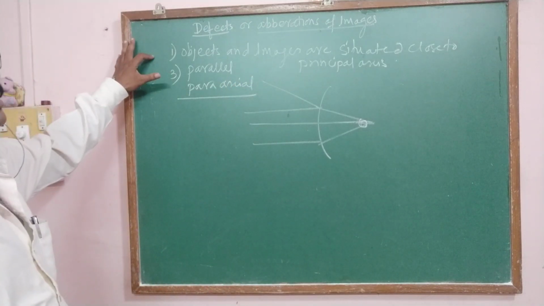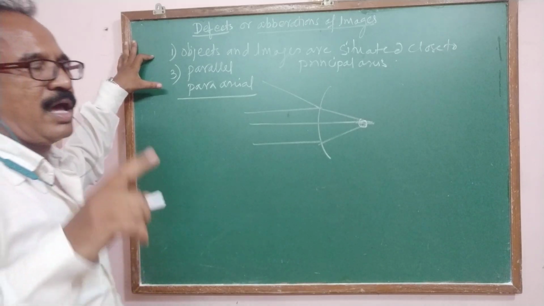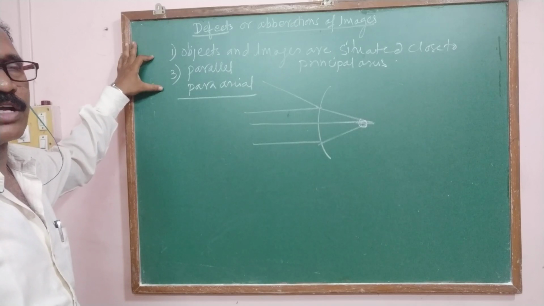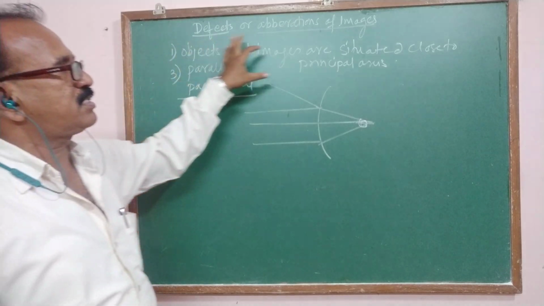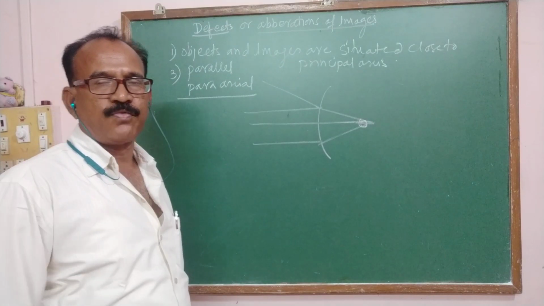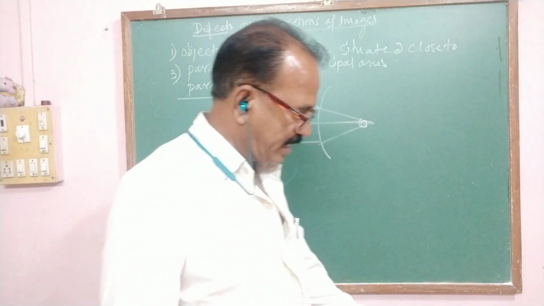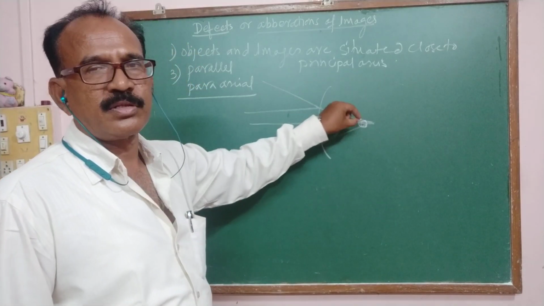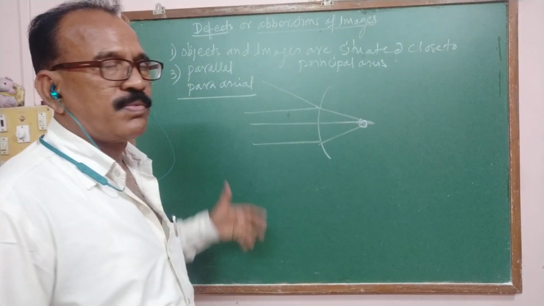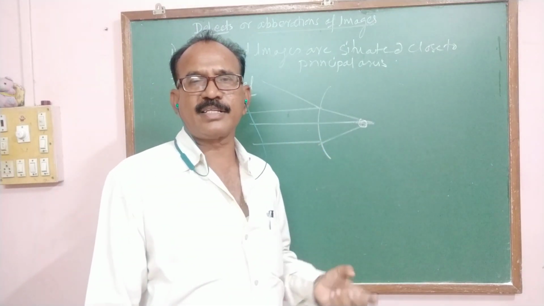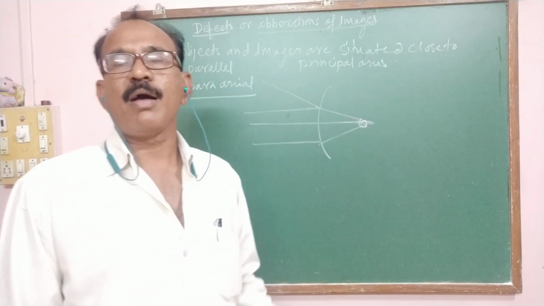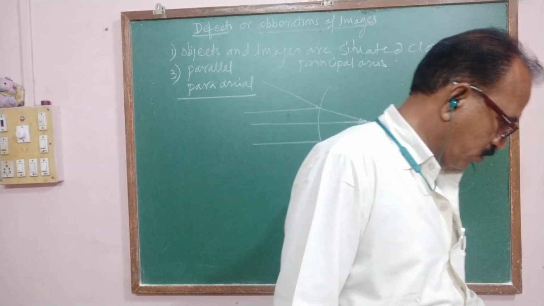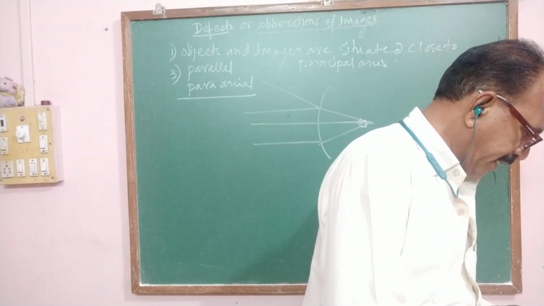The first point is that the formula f is equal to R by 2, 1 by f is equal to 1 by v plus 1 by u holds good for objects and images situated close to the principal axis. The second point is that rays diverging from the object form a cone. The third is that when parallel rays are incident on the mirror, they are called paraxial rays. Then after this, we have to go for spherical aberrations.